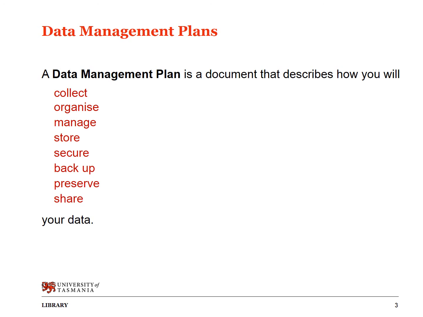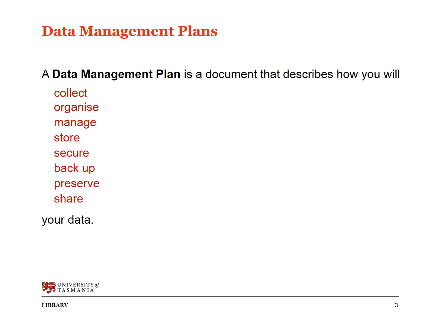Now I'd like to start with something that you're probably all familiar with, and this is data management plans. So a data management plan is a document that describes how you will collect, organize, manage, store, secure, backup, preserve, and share your data.